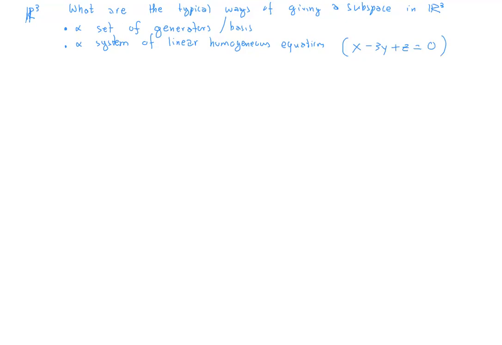In fact, when you look at this from the point of view of linear maps, the first way corresponds to the image of a linear map, and this corresponds to the kernel of a linear map.